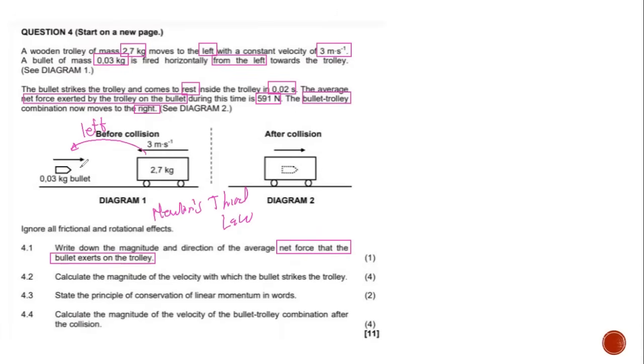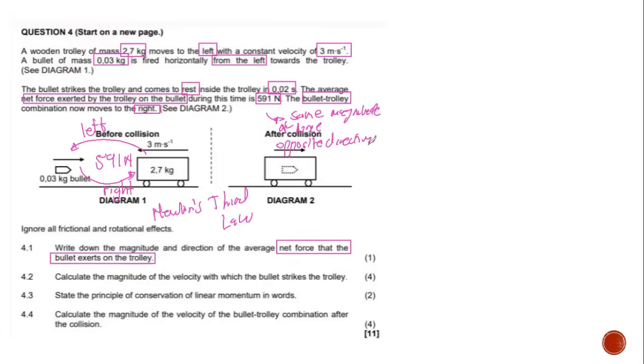And then the bullet will exert a force to the right, which is towards the trolley. But in terms of magnitude, it will be the same, 591 newtons.